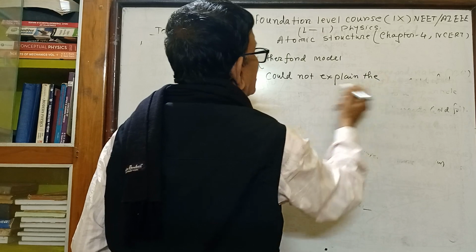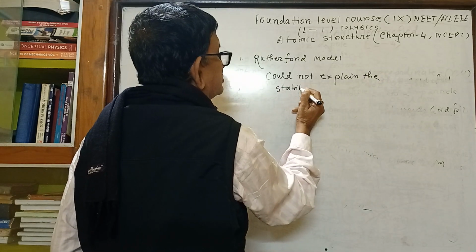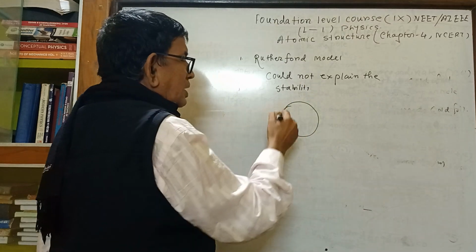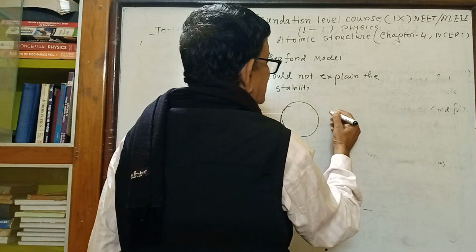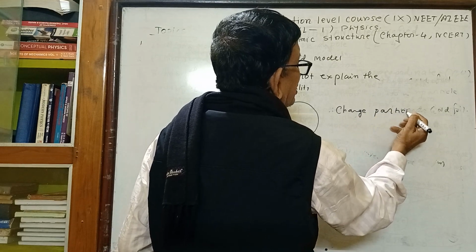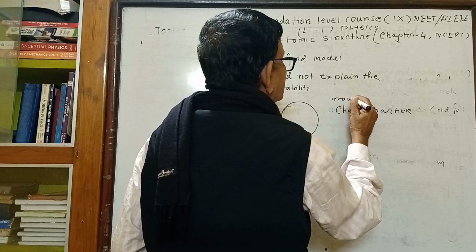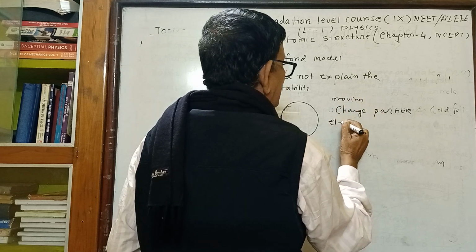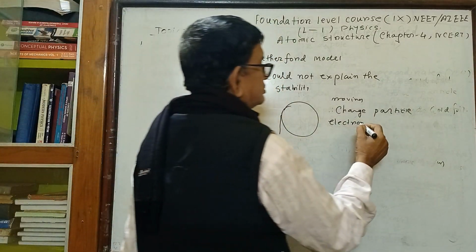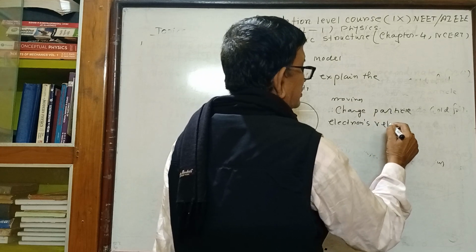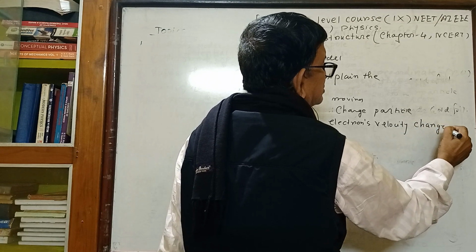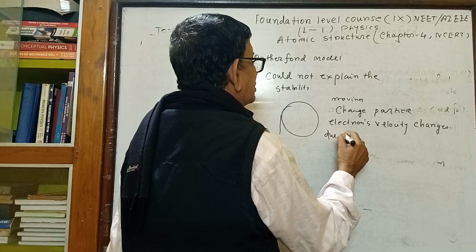What does it mean? As the electrons are moving, they are moving charged particles, and at every moment the electron's velocity changes due to change of direction.